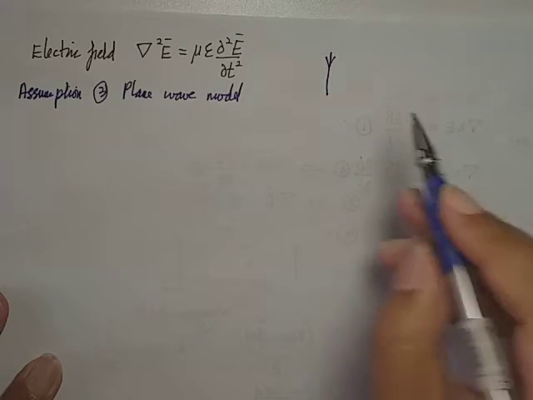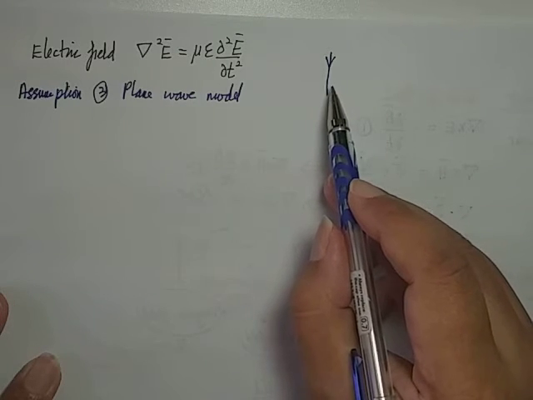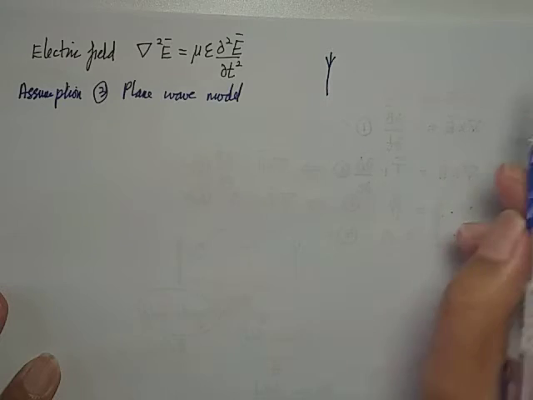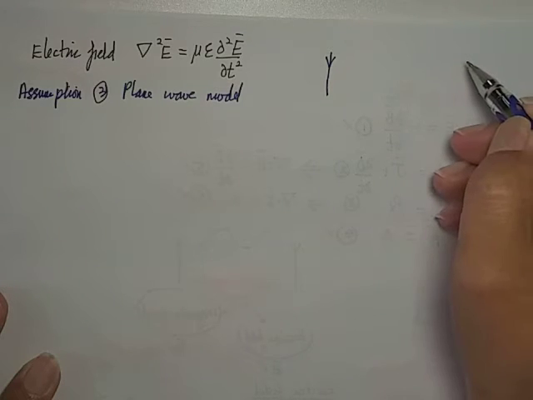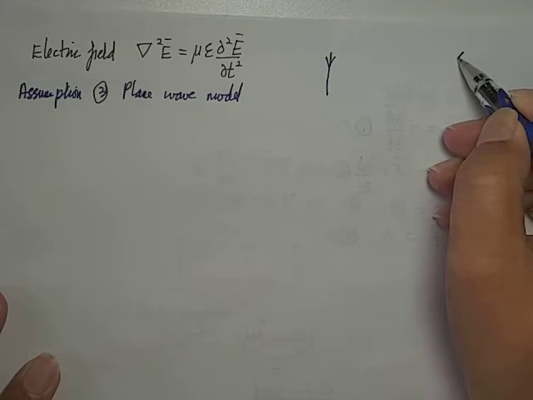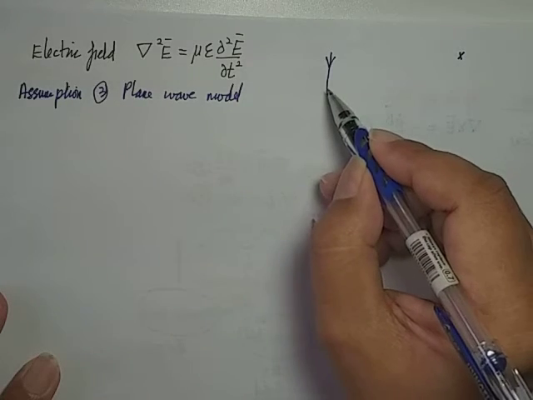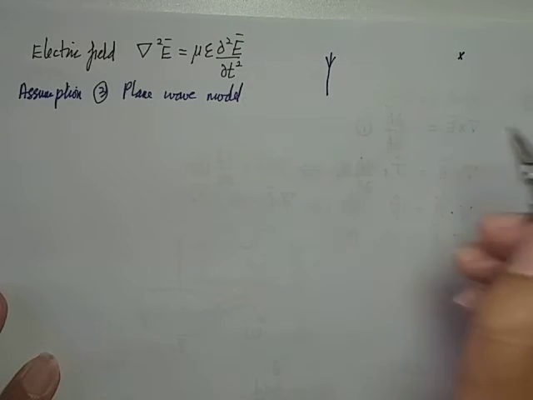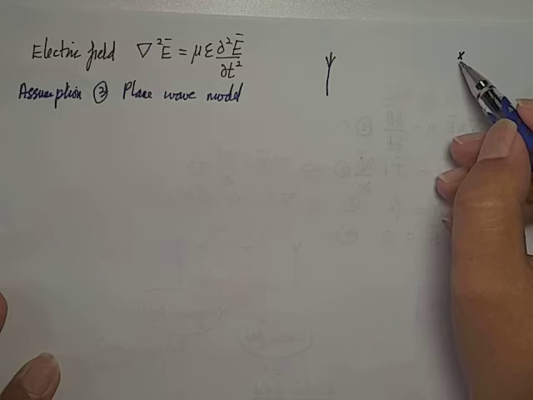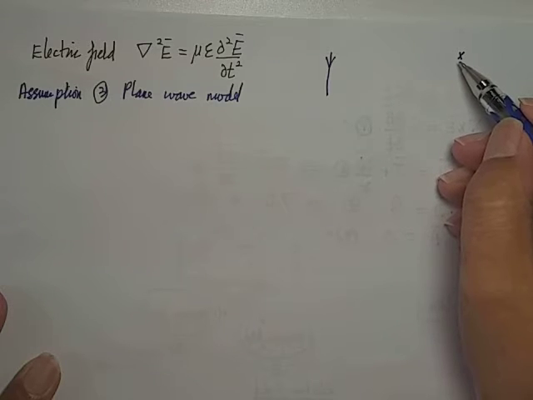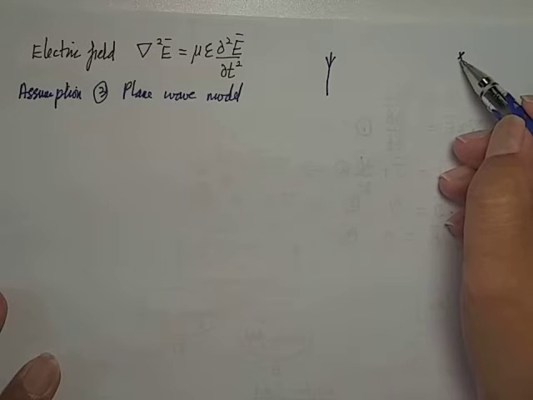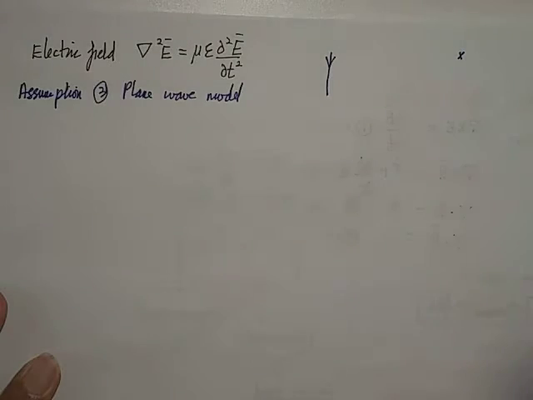Okay, in communication, we want the signal to be able to propagate very far. So when you have a position that is very far from the antenna, that position allows the wave to emulate what is known as a plane wave.